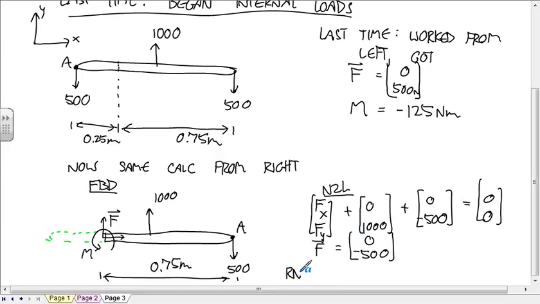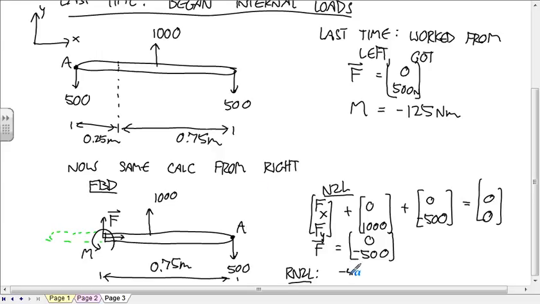And the rotational equation says, this is the about point, so there's no moment produced by the 500 Newton force. There is a moment produced by the 1,000. What's that moment? 500, and about A here it would make it rotate clockwise, so it's negative.